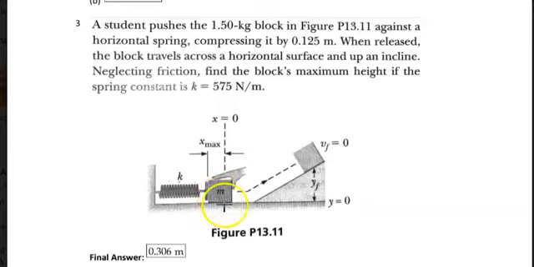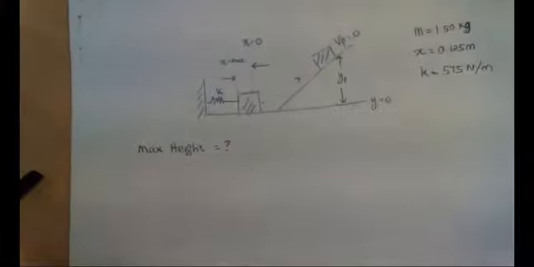The height y of the block is also equal to 0, since the block is in a horizontal position. When the block is at the top position, we assume that it stops at one point, so the final velocity is also equal to 0.